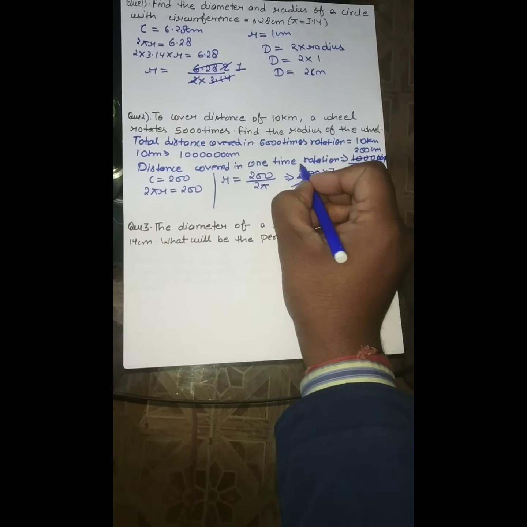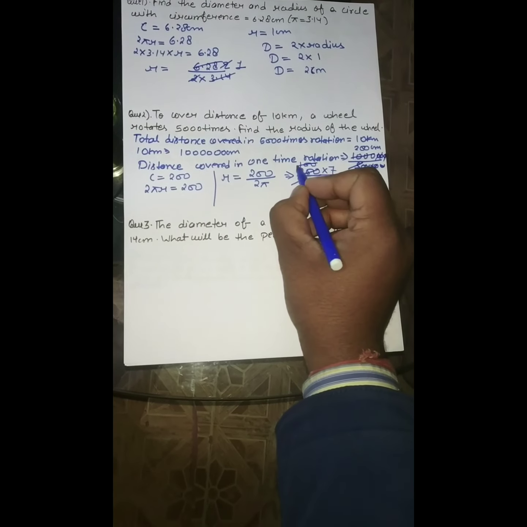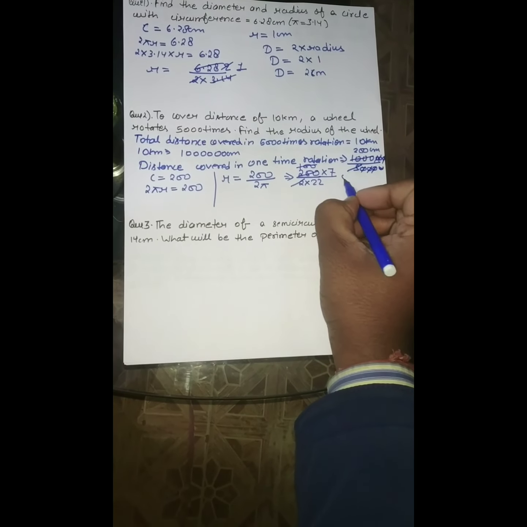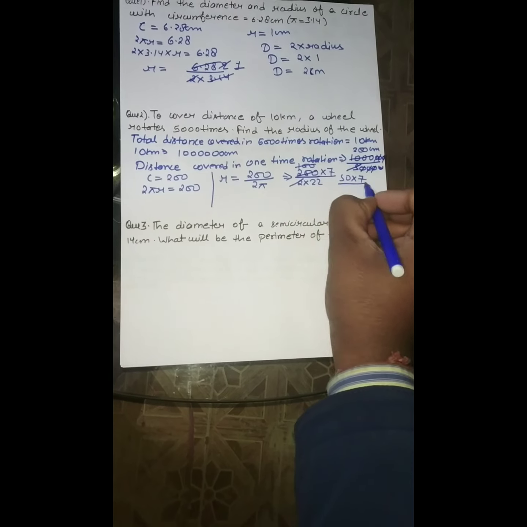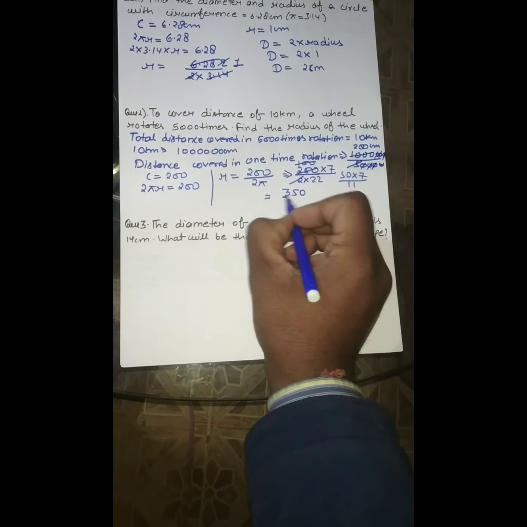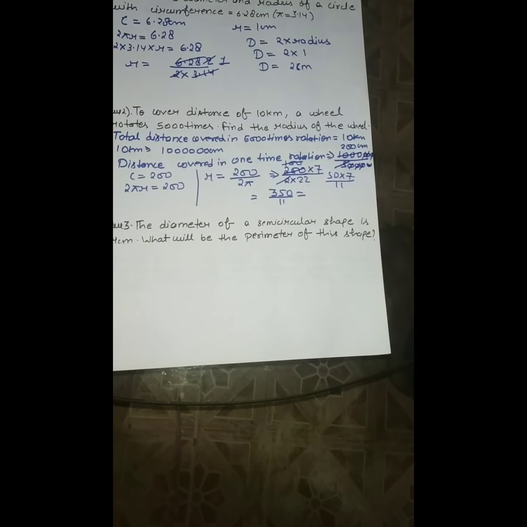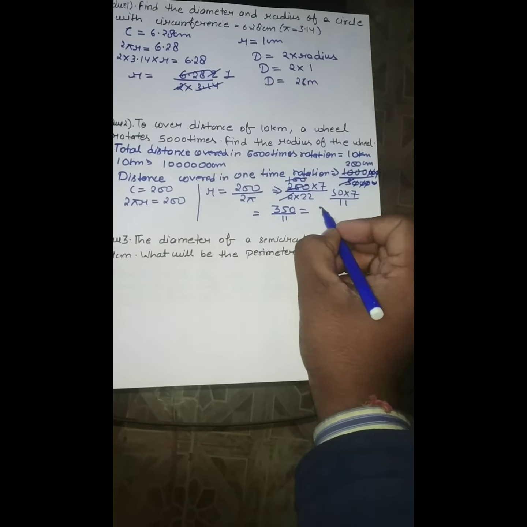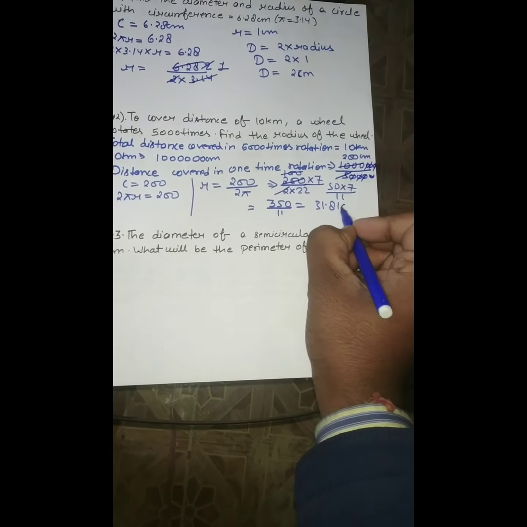So here it will be 100 and here it will be 50 into 7 upon 11, that is 350 upon 11. And when we solve 350 upon 11, the answer is 31.81 centimeter. That is the radius of the wheel.